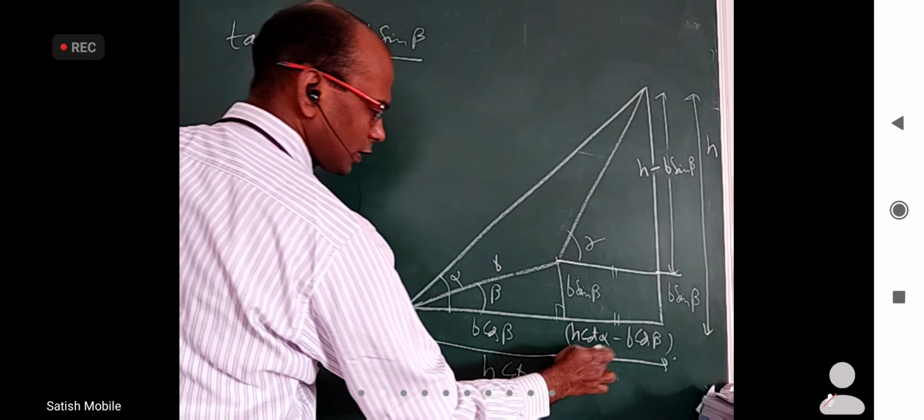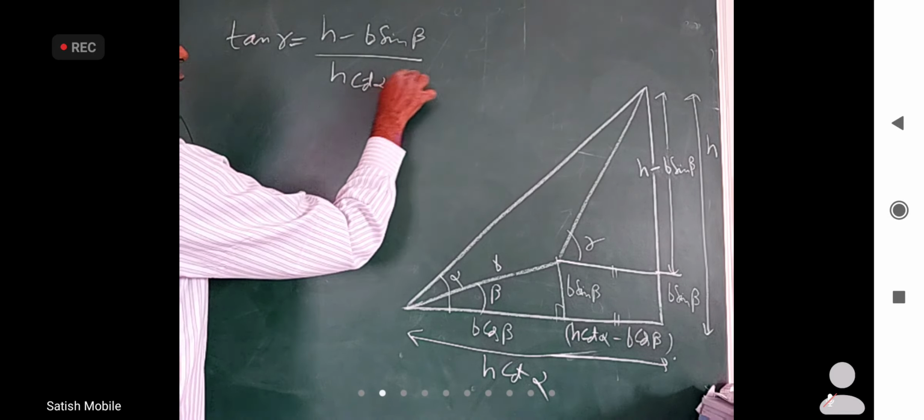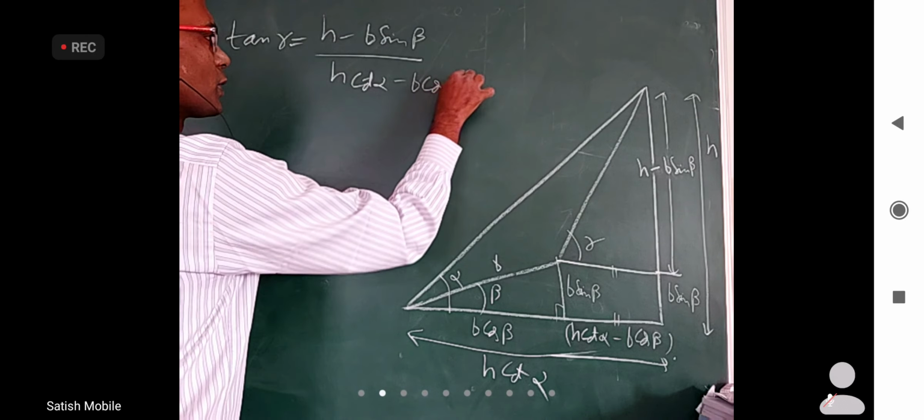And the denominator is H cot alpha minus B cos beta.